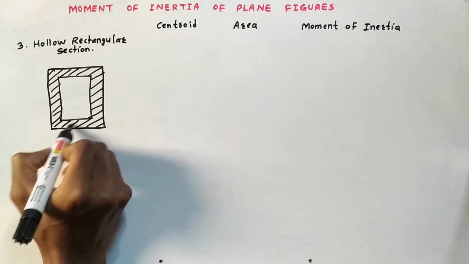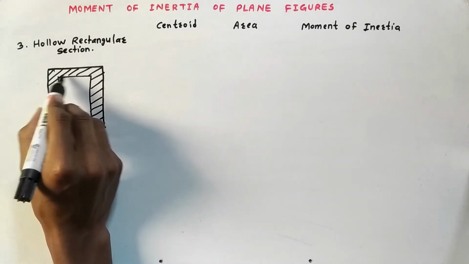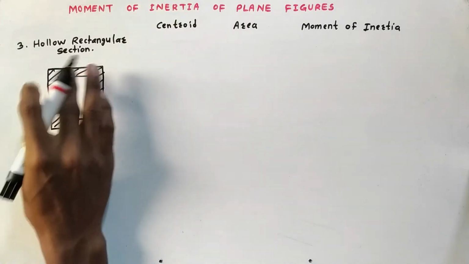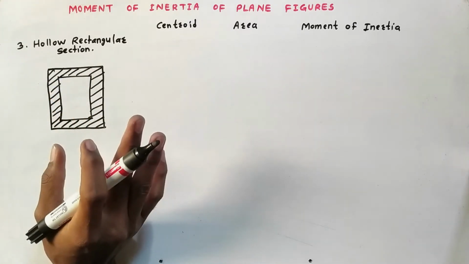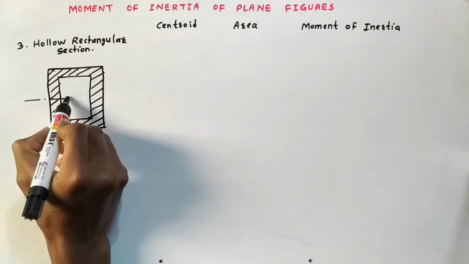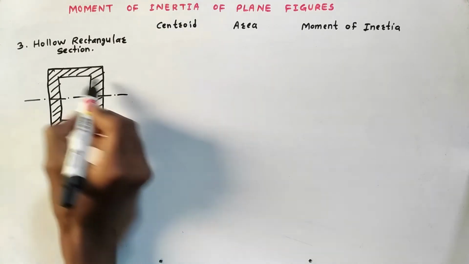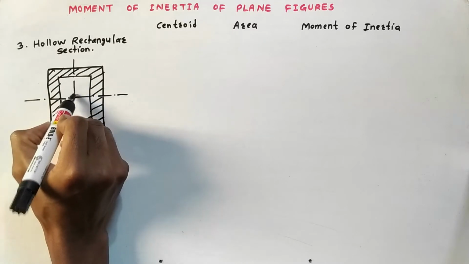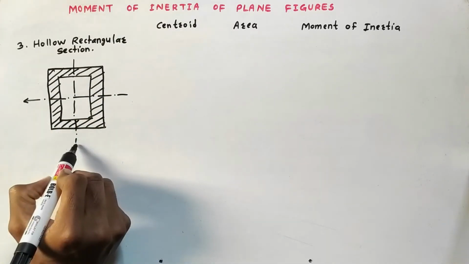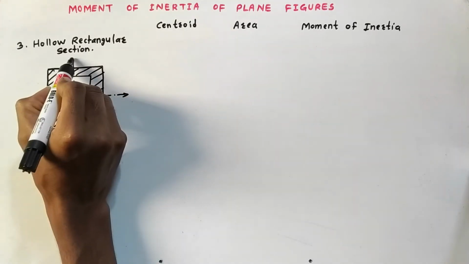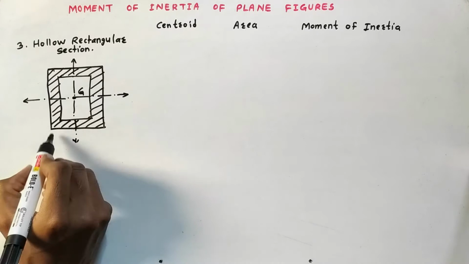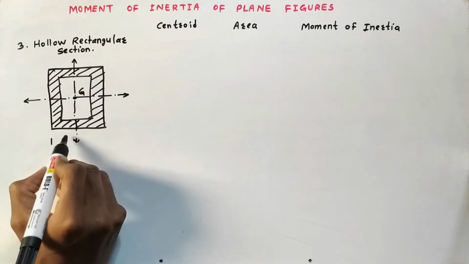Hatching lines show there is material, and this space shows there is no material, that is, this is a rectangular hole. So this is the horizontal x-axis. This is the vertical, that is y-axis, and this is G.